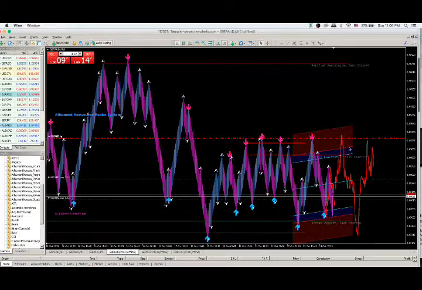But the other advantage about my system is that once you get into the trade, you trade actually what you see, and you don't trade what you feel, or what the analysis that you have done tells you to do.